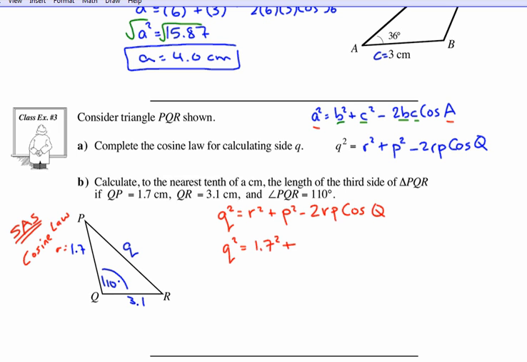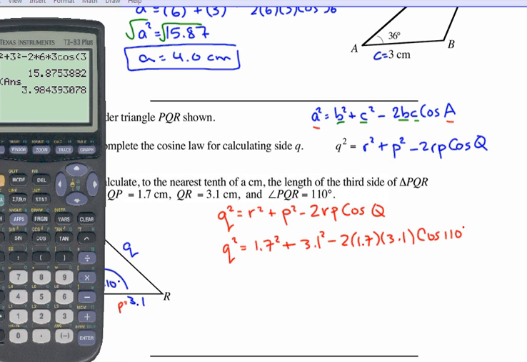So q squared is equal to little r, which is 1.7 squared, plus little p, which is 3.1 squared, minus 2 times 1.7 times 3.1 times the cos of our angle of 110 degrees. Plugging that into our calculators, 1.7 squared plus 3.1 squared minus 2 times 1.7 times 3.1 times cos of 110 degrees gives you 16.1 to the nearest tenth.